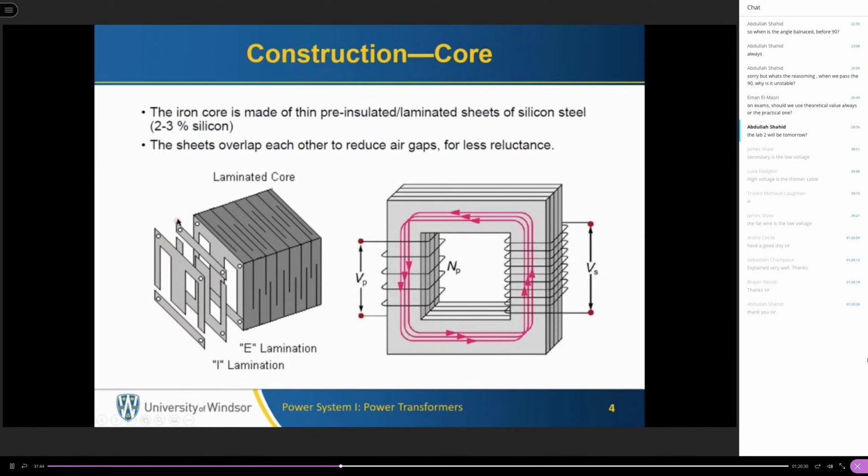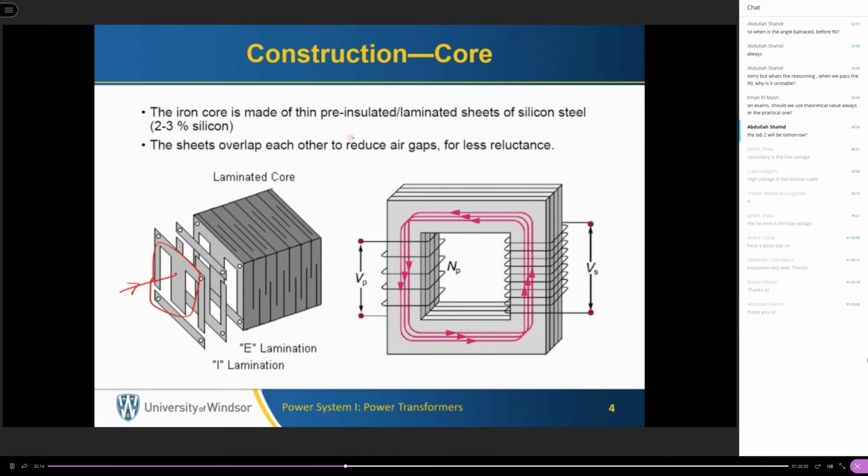Because any metal, if we have a closed loop like this, made of metal, and you apply a varying magnetic field, then this closed loop will generate current. So we use laminations to increase the resistance of each lamination. We isolate those laminations to increase, again, the resistance and limit any eddy current that is generated inside each lamination.